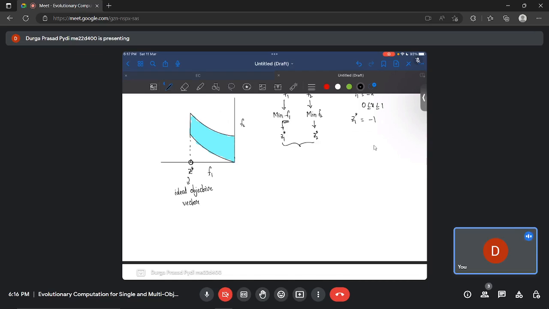Suppose that is not what actually happens in your practical problem. Say you want to buy a phone or manufacture some product which is of the highest quality, and at the same time it should be the cheapest. Those are contradictory. But now consider another example. Say you're driving from place A to place B. You want to minimize your total distance, and at the same time you want to minimize your total time.